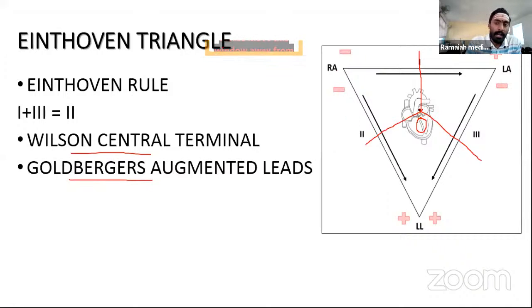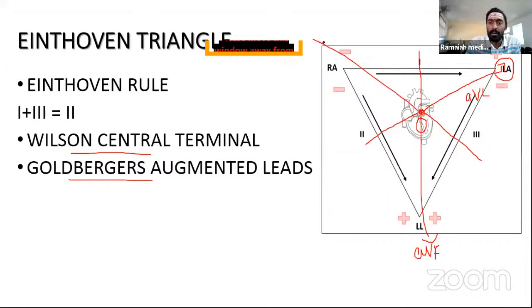Goldberger said, I'll take this point and I'll introduce 3 other electrodes. One across the left atrium, seeing towards my left, so it was called lead AVL. One towards my foot, down, which is called lead AVF. And one across the right side, called lead AVR.